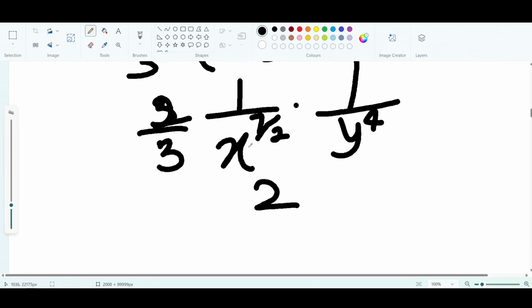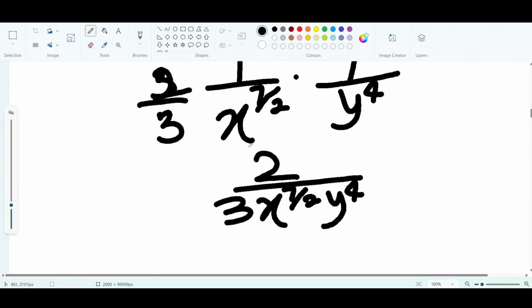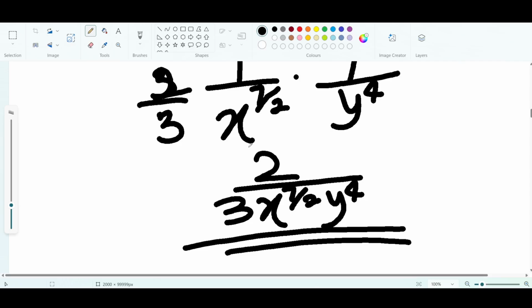So 2 is the numerator, and 3 times x raised to power 7 all over 2 and y raised to power 4 is the denominator. So this is the final answer at this point. I hope this is clear.